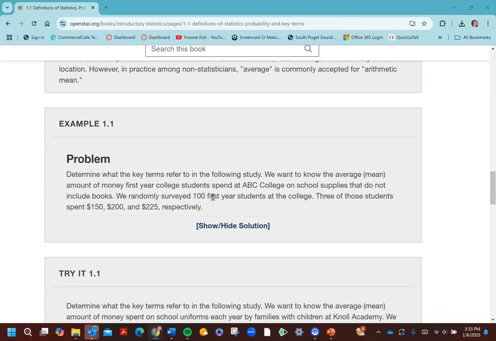And the statistic is the average, or mean, from just the sample. The variable we're looking at is the amount of money spent by one student, and the data values are the dollar amounts.